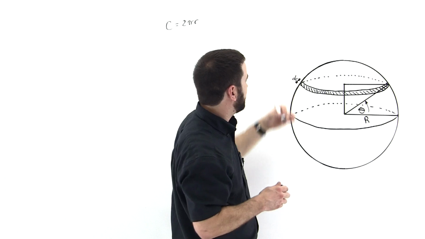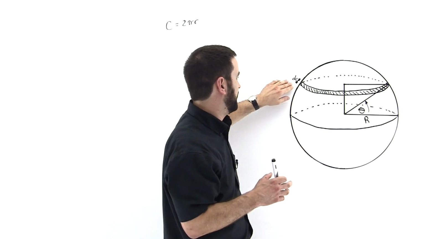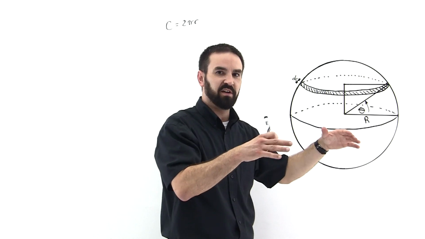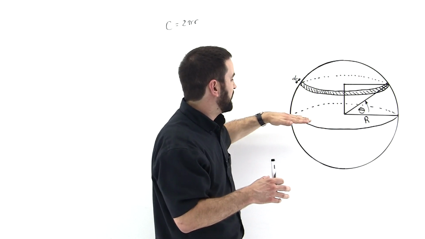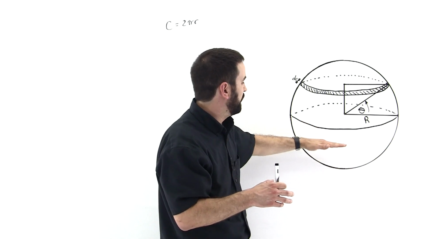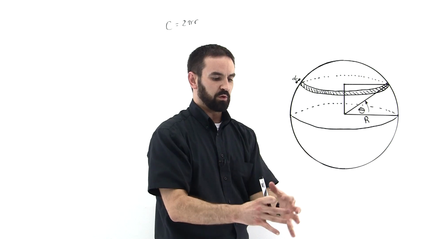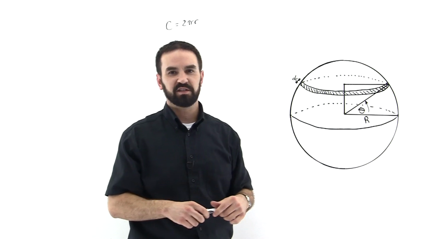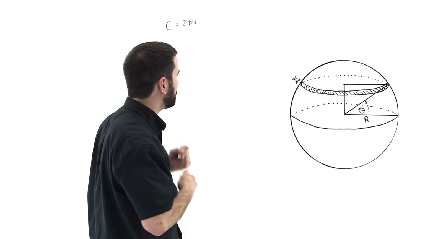That will give us a differential element, a little bitty area right here, a strip all the way around. If we sum up all along the sphere, then we will trace out the area of the sphere, and that will give us an equation for the area of the sphere.